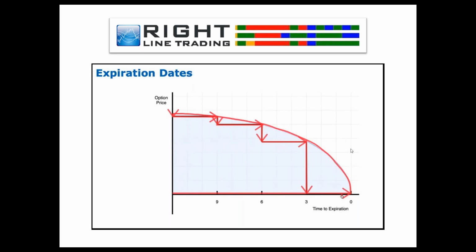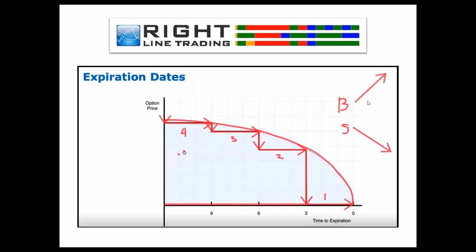Essentially, you want that put to expire worthless. If you buy a call, we want price to go up. If you buy a put, you want the stock to go down.